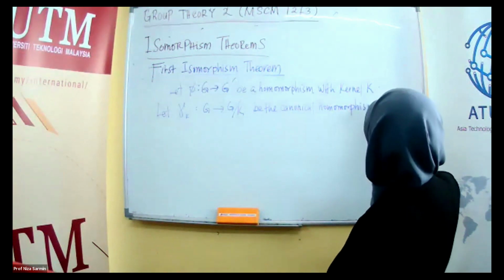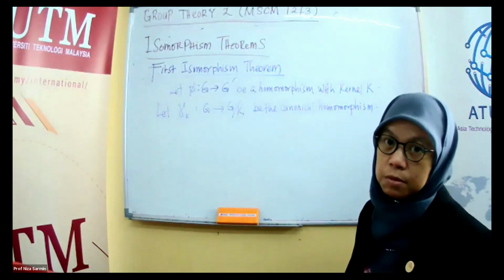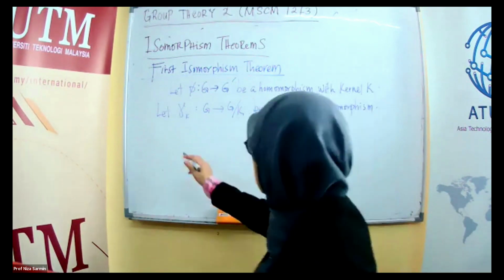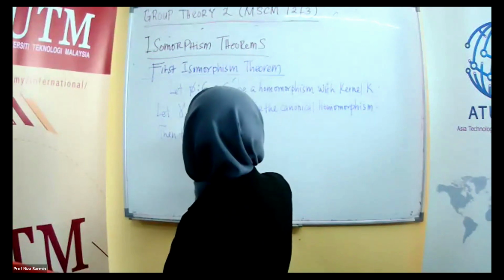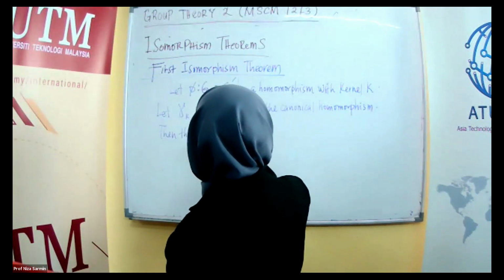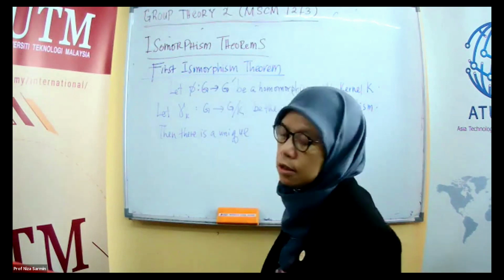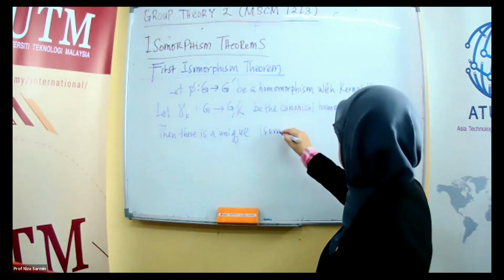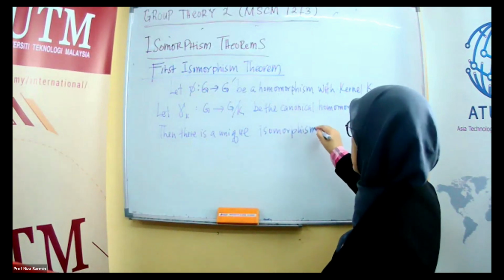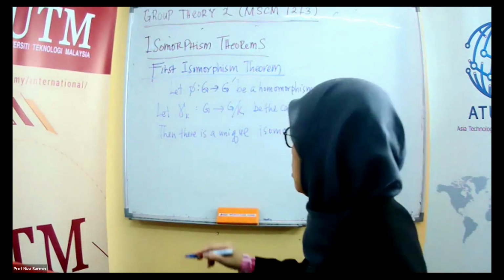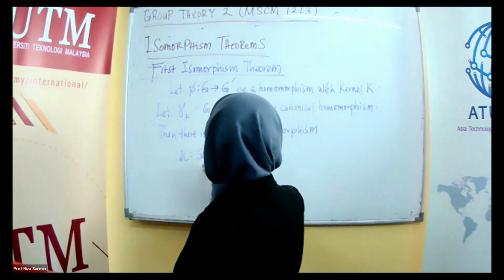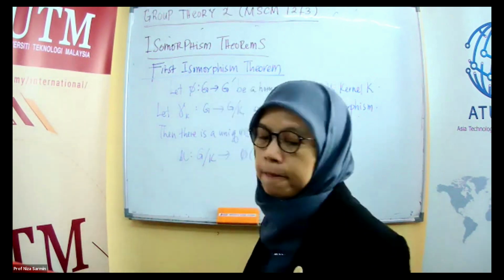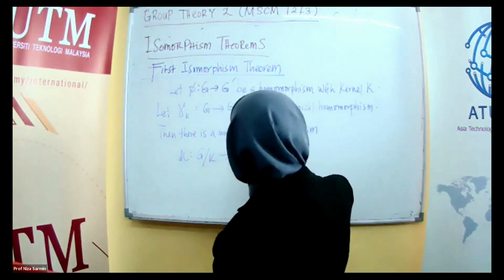Sometimes they call it natural homomorphism, sometimes they call it canonical homomorphism, like just now. Then there is a unique isomorphism, like just now, right? Mu, right? We use it. Mu from G mod K to phi of G. Or just now I used a square, right?